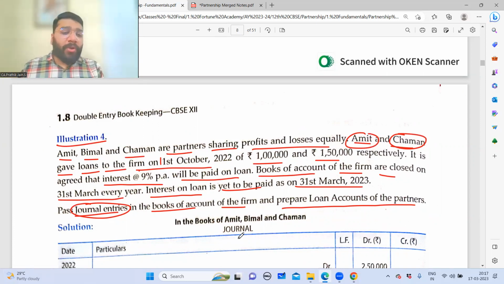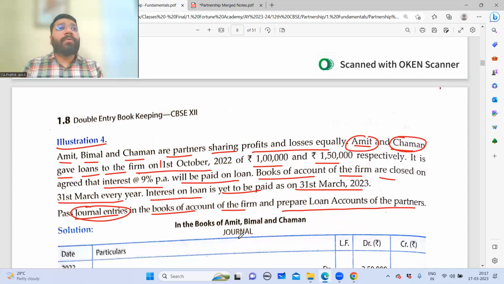So my question to all of you guys. Now, before that, a lot of times I've seen people not putting the format properly. When you're practicing, in class, school or even at home, you do rough entries. If you do this question at home, you'll directly do the journal entry.